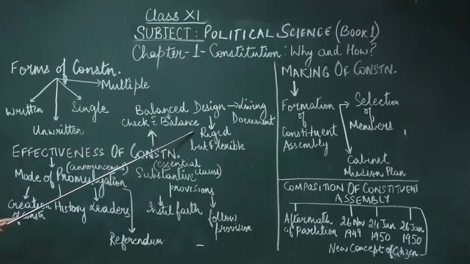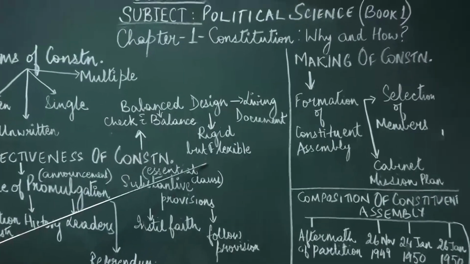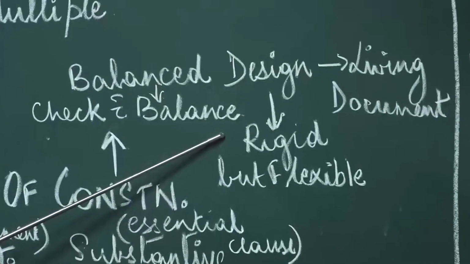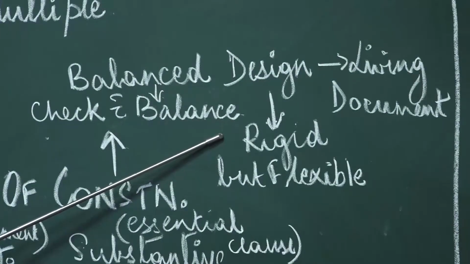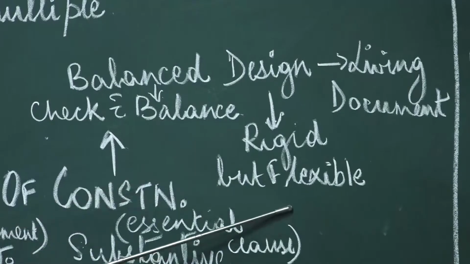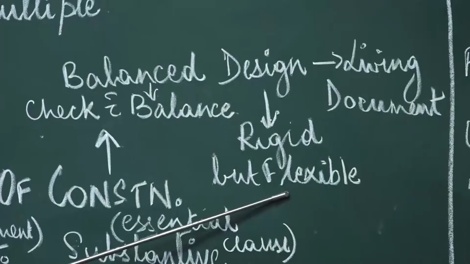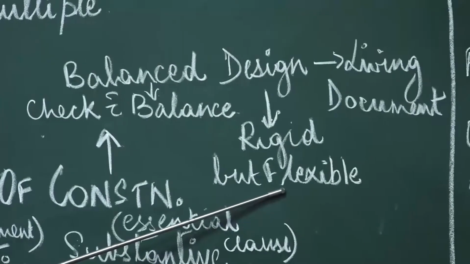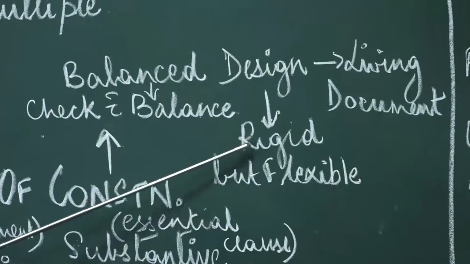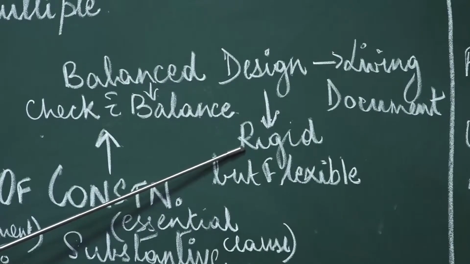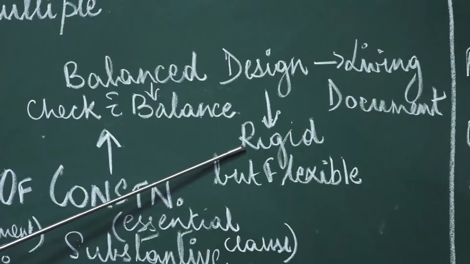Is the constitution rigid or flexible? What is rigid? Rigid is something which cannot be changed, which cannot be altered. And flexible is something which is changeable, which can be altered, where changes can be made. We could have kept our constitution rigid and seen to it that no changes are made at all.